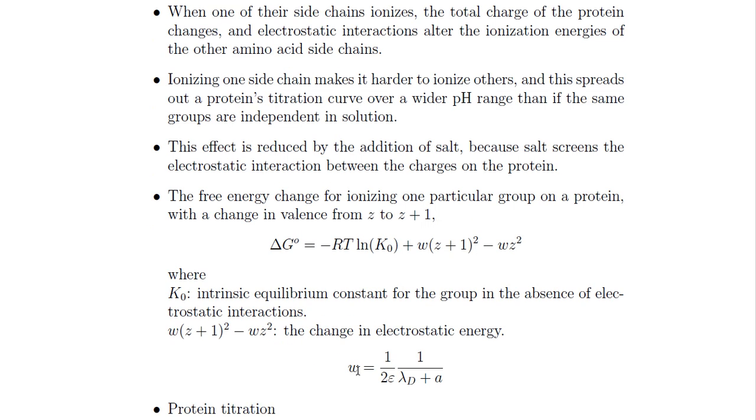So W is equal to this equation, 1 over 2 epsilon over 1 plus kappa over lambda D plus A. So we can get this energy change when the protein is ionized.